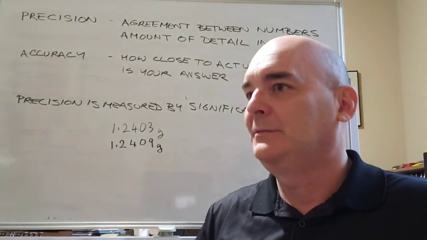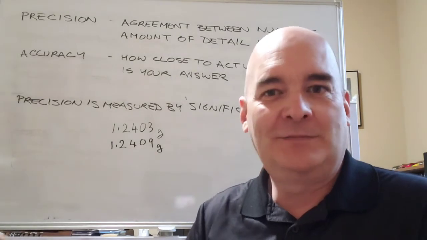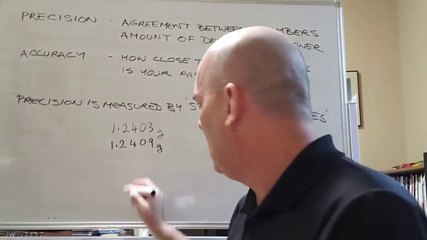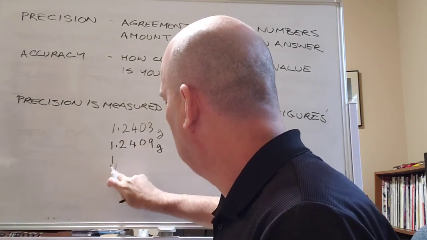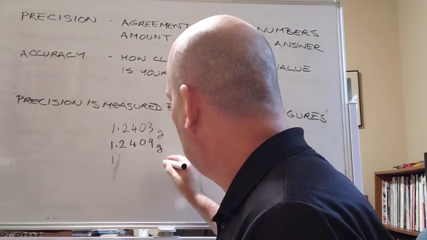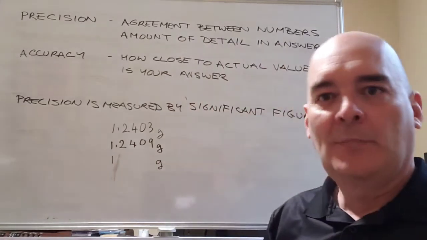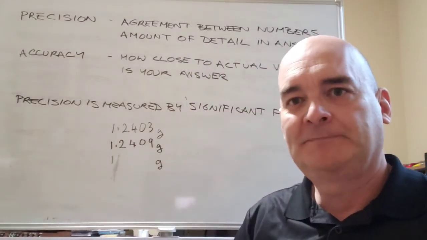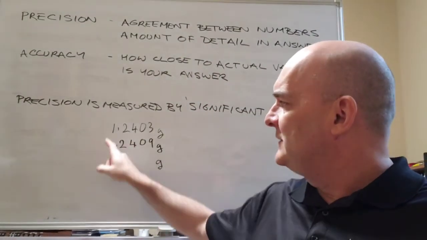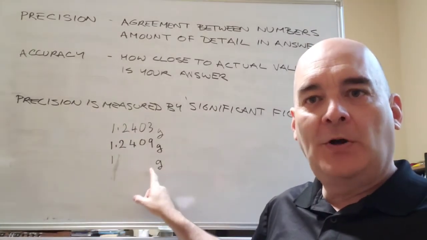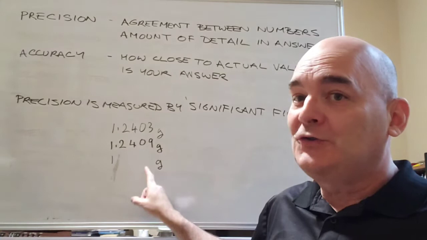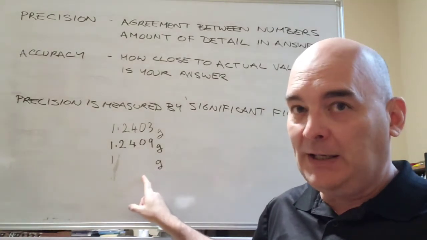And then they subtracted one number from the other. And they came out with an answer that was just 1 gram. Okay? These 3 people all did the same task. This person did not do that task correctly.